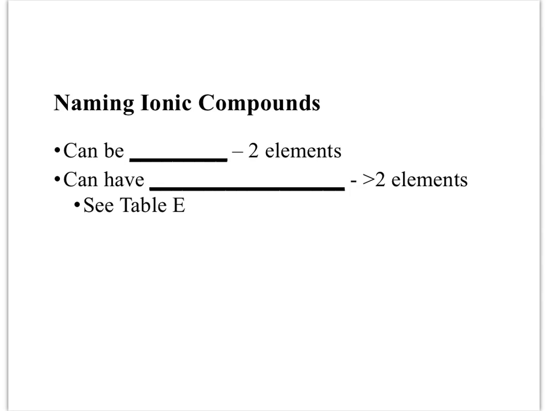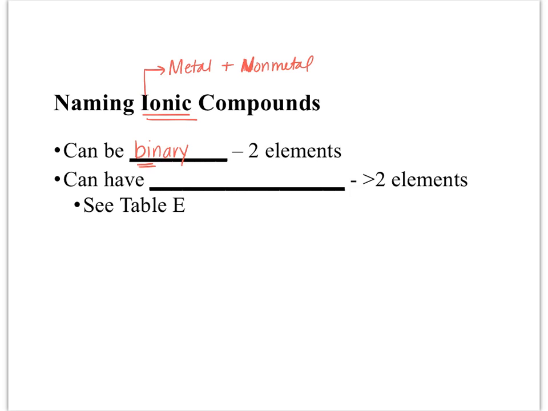So what we're going to be looking at today is just ionic compounds. Now, ionic compounds are only composed of metals and nonmetals. So you have to have a metal in that compound and a nonmetal in that compound. The ionic compounds can be binary, which means that they only contain 2 different elements, which is what we're going to look at today.